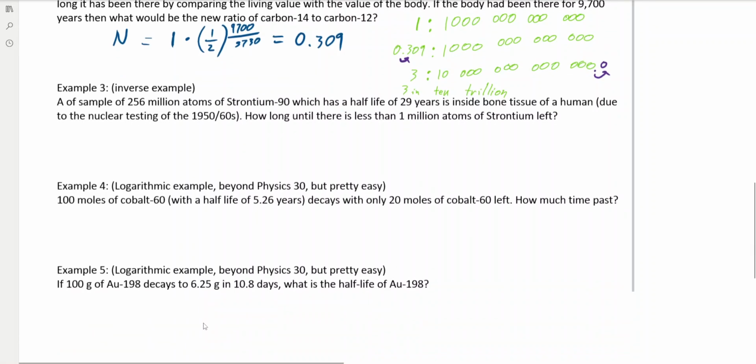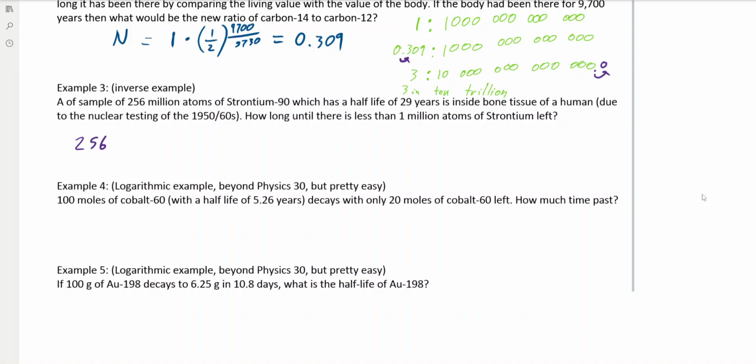Okay, an inverse example. Let's see if we can solve this one. A sample of 256 million atoms of strontium-90, which has a half-life of 29 years, is inside the bone tissue of humans due to the nuclear testing, like I talked about in the 50s and 60s. How long until there's less than 1 million atoms of strontium left?